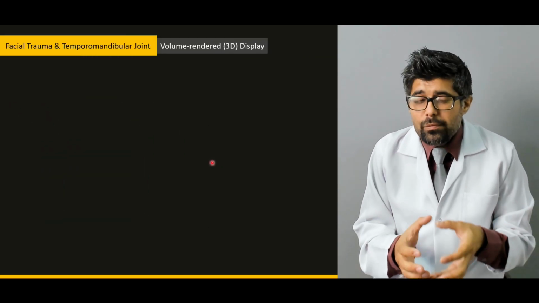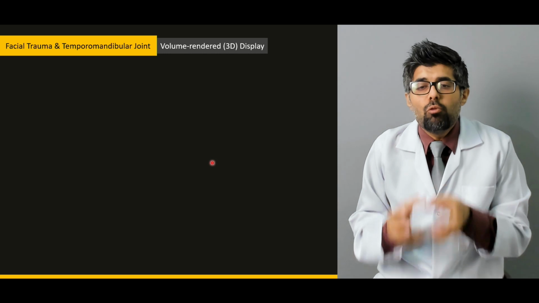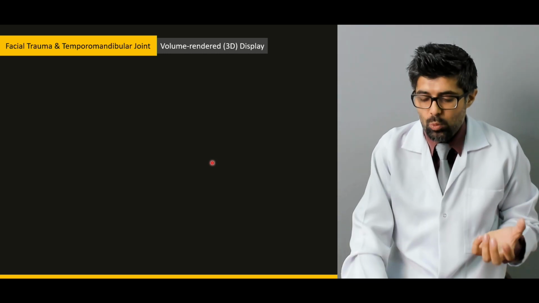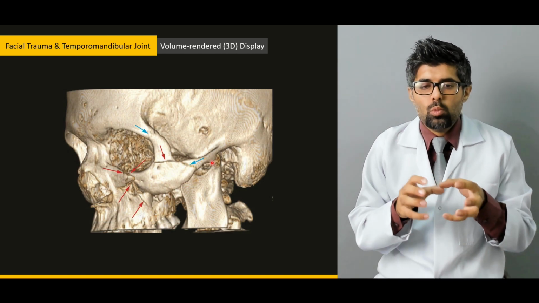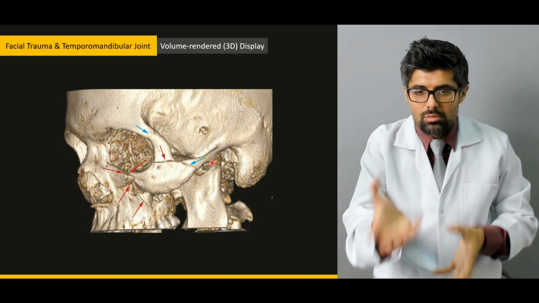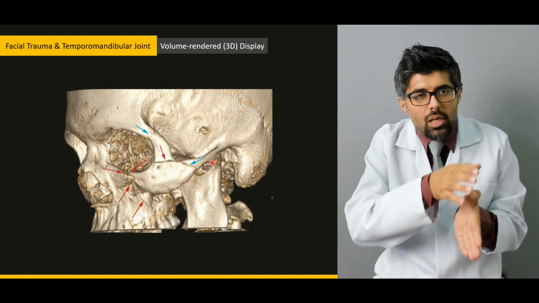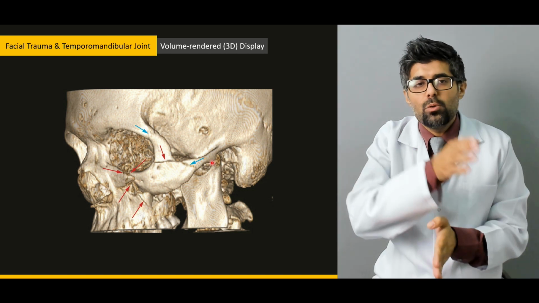Now, one of the newer and the latest trends in imaging is a volume render display, or more commonly called a 3D view. Here it is. Now, what happens in a CT scan is that in this example, the skull is appreciated all around in a 360 view.